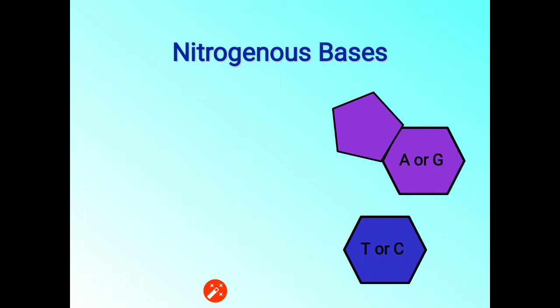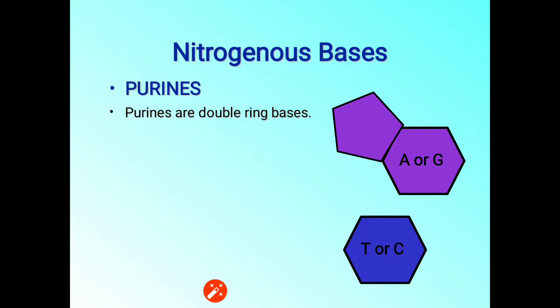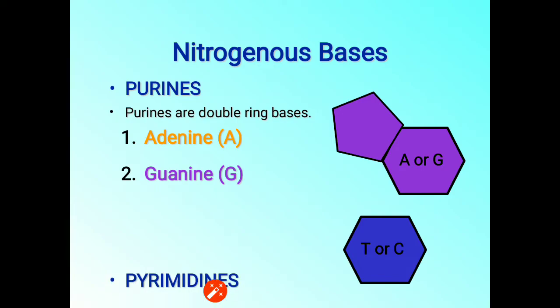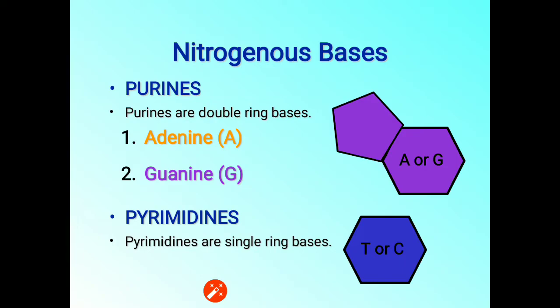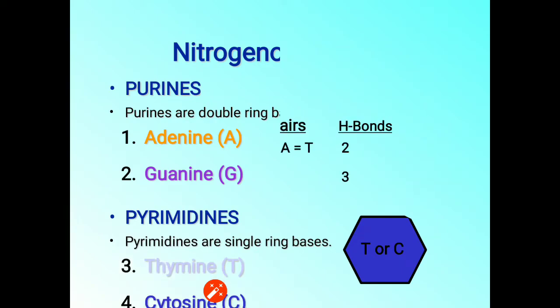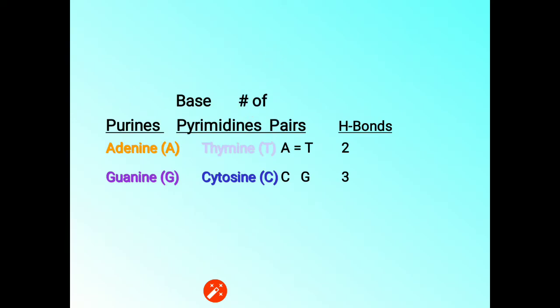Now about the nitrogenous bases. Purines are double ring bases. Adenine and guanine are the examples. And pyrimidines are single ring bases, thymine and cytosine. Now about the pairing up.